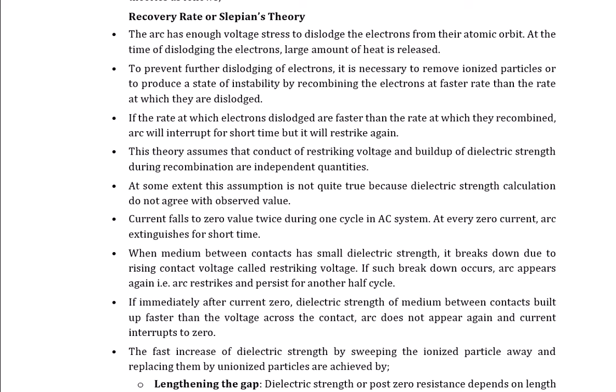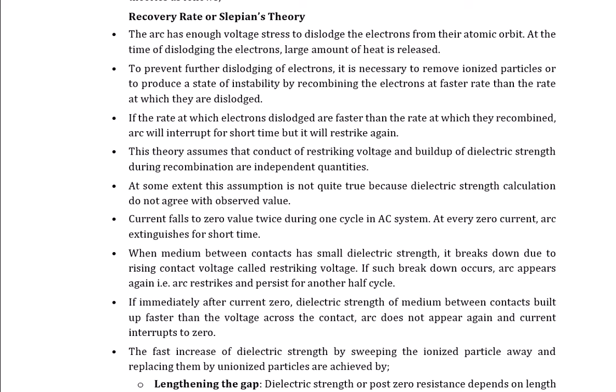Current falls to zero value twice during one cycle in an AC system. At every zero current, the arc extinguishes for a short time. When the medium between the contacts has a small dielectric strength, it breaks down due to the rising contact voltage, called the restriking voltage.